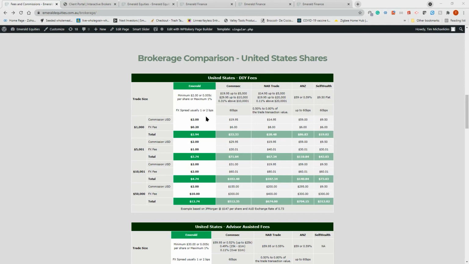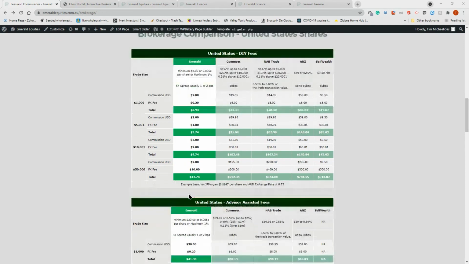They charge per share over there, which is a little bit different to our market. Based on a trade on JP Morgan at $147 per share, on a $1,000 trade, including FX fees, you're paying $2.94.